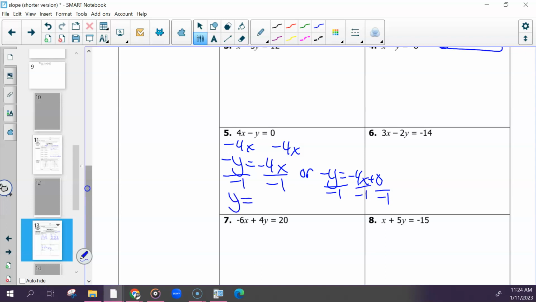So y equals, what would our new equation be? Cameron? Y equals 4x plus 0. Or just 4x, either or is fine. Questions on that one?